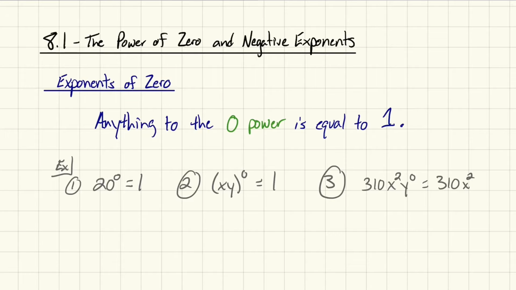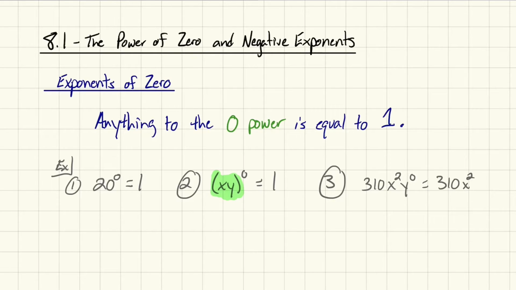Another way that we can see things raised to the zero power is when you have something in parentheses raised to the zero power. Now what that means is that all this stuff that I'm highlighting, the x and the y, everything inside that parentheses is raised to the zero power. Sometimes you will see this in a lot of different formats.